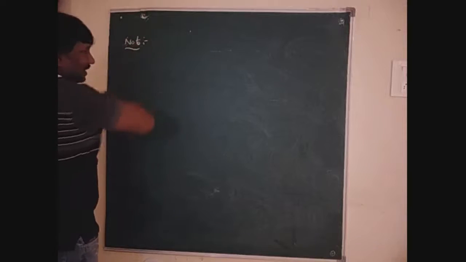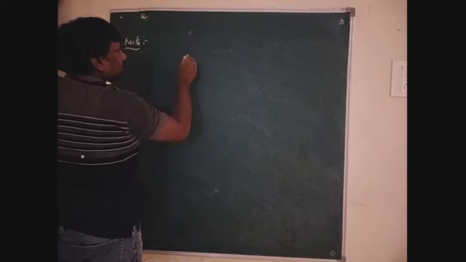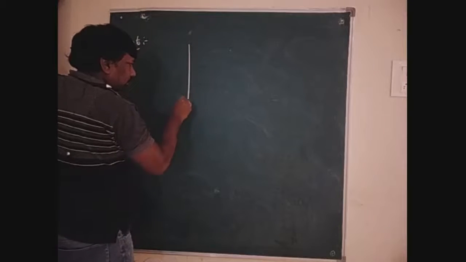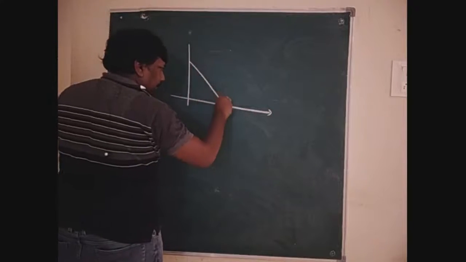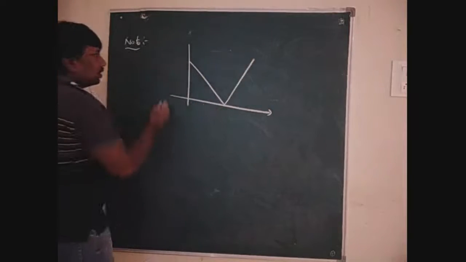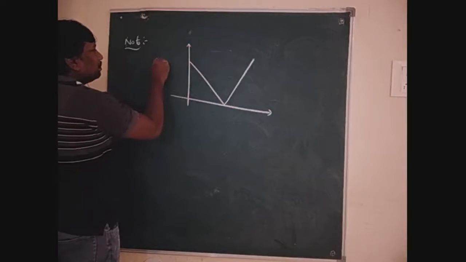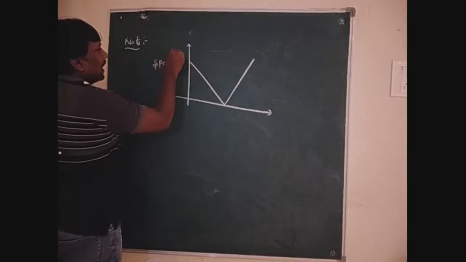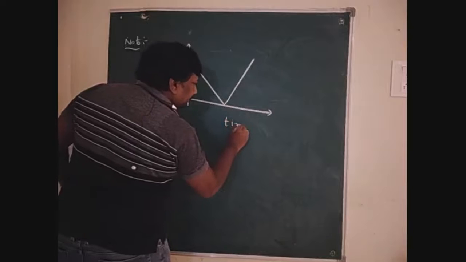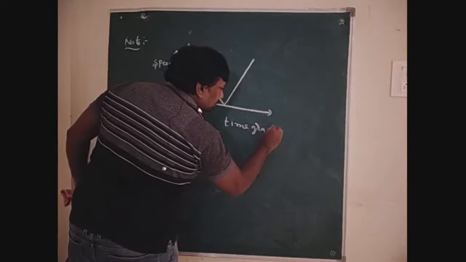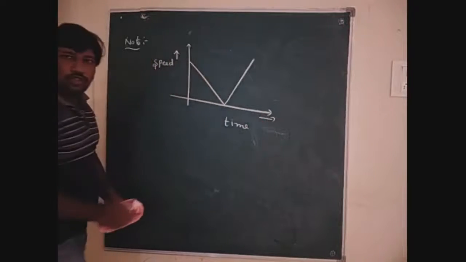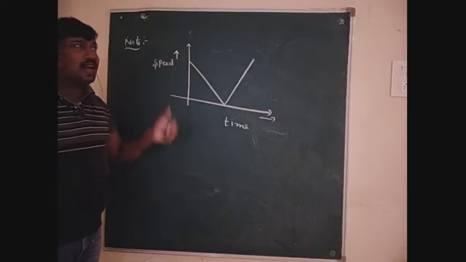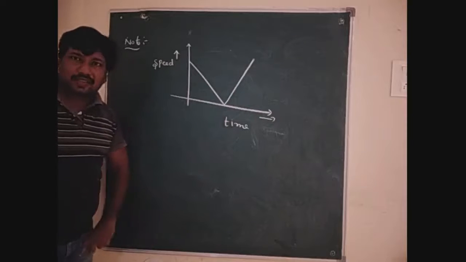Okay, next note point. Here this is a speed and time graph. In this situation, speed is along the y-axis and time is along the x-axis.